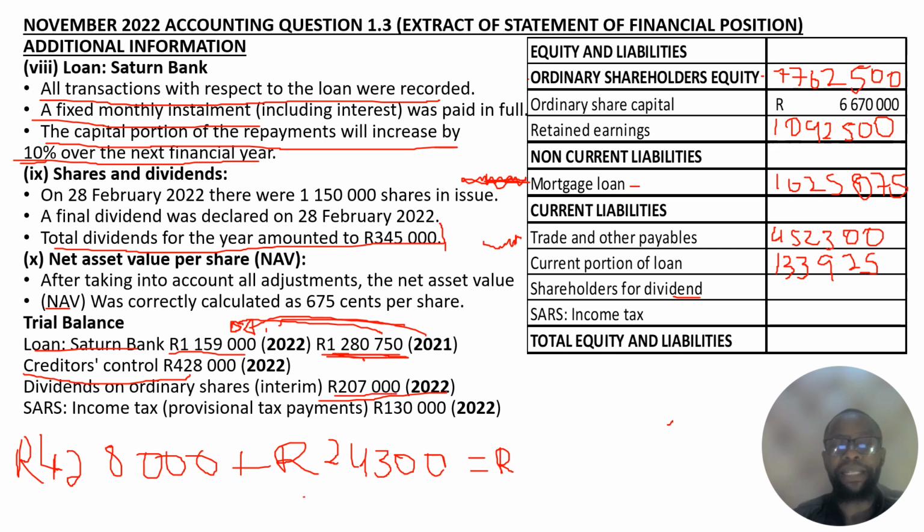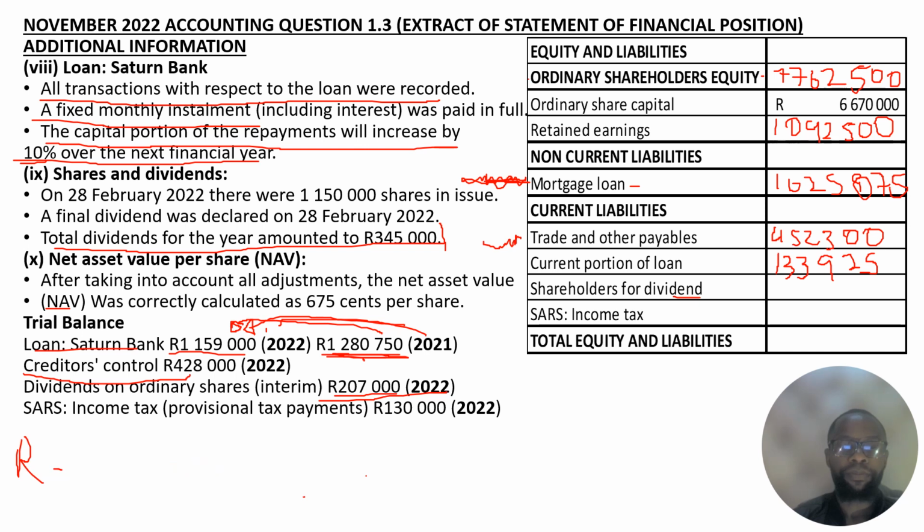So the remainder is the amount owed to shareholders. I hope you are hearing me here. We were supposed to pay the 345,000 for the dividend, but on our books we have paid 207,000.